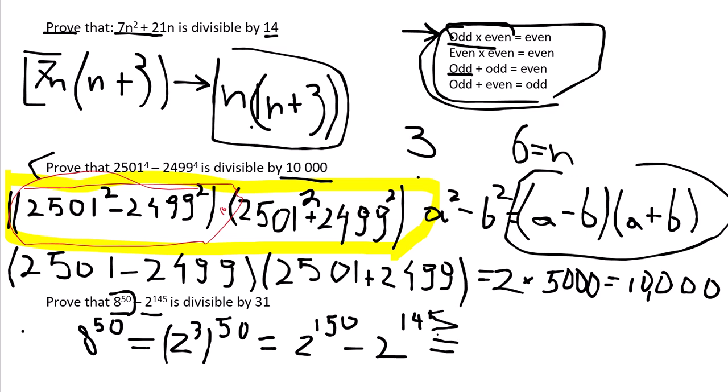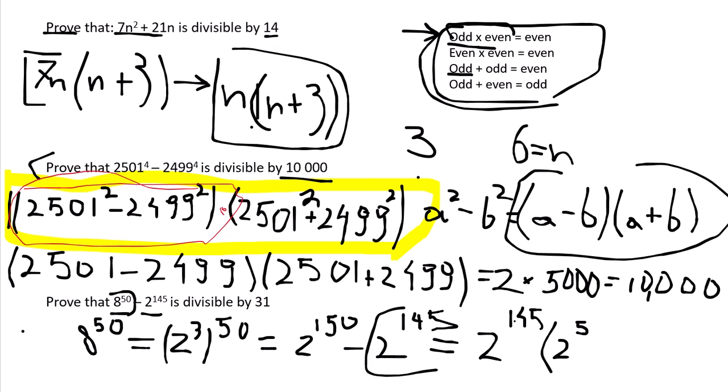What we can do is factor the smallest expression. So it's going to be before the bracket 2 to the power of 145, and inside the bracket we write 2 to the power of 5, because that's what is left.